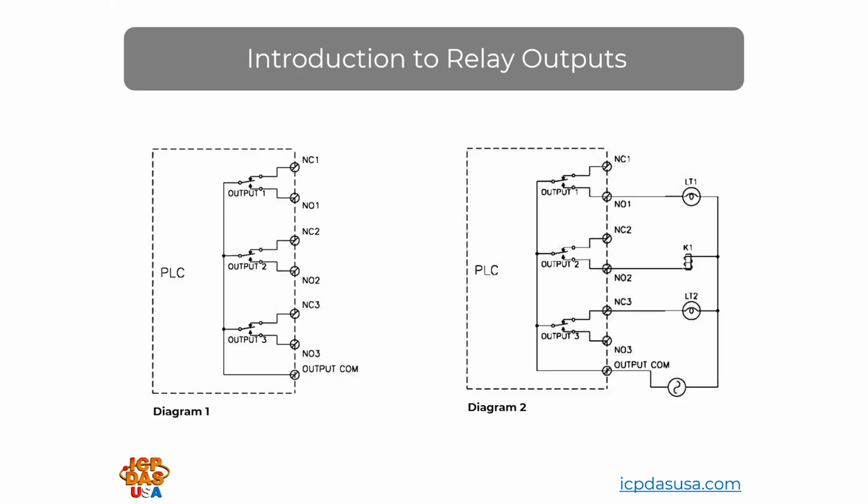Coil K1 there is shown and connected to output 2. This could apply to a solenoid driving a plunger into a slide, locking it into place, or a motor starter coil for controlling power to a motor that requires more current than the relay in the output unit can safely carry.